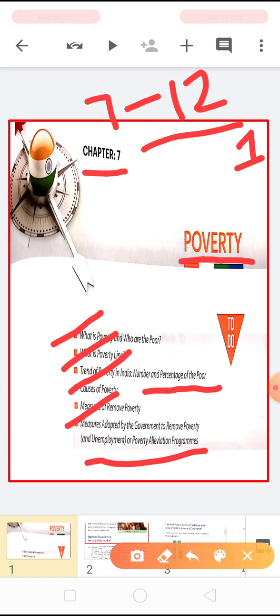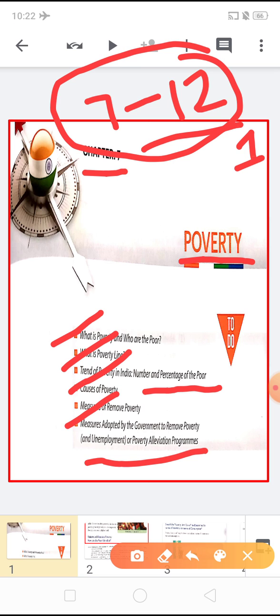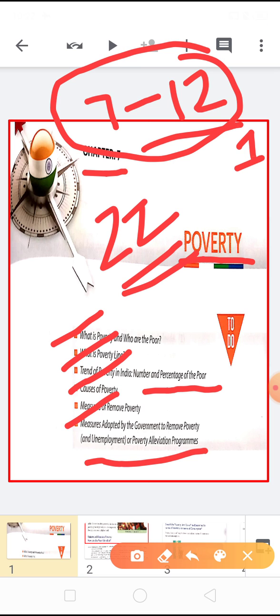In this seventh unit, you are going to learn poverty, that is in chapter number 7, then chapter number 8, that is rural development, human capital formation, thereafter employment, infrastructure, and last we are going to learn sustainable economic development. So this particular unit contains a weightage of 22 marks in the board examination. So children, let us start with the first topic, that is introduction of poverty and poor.